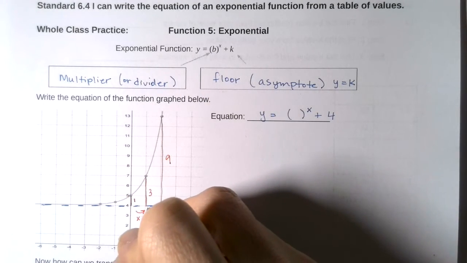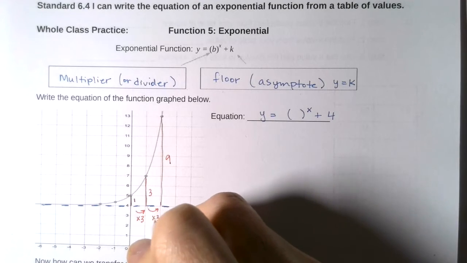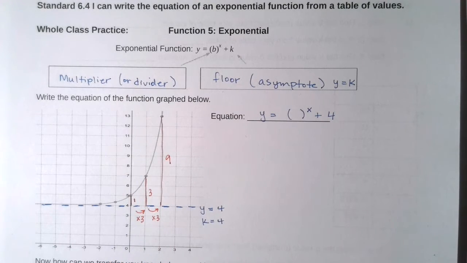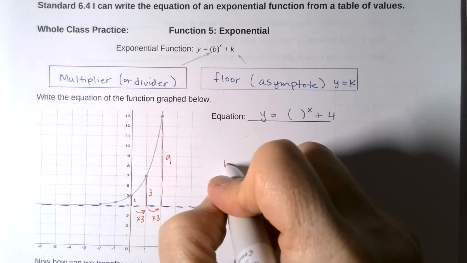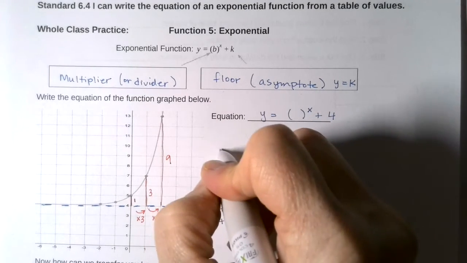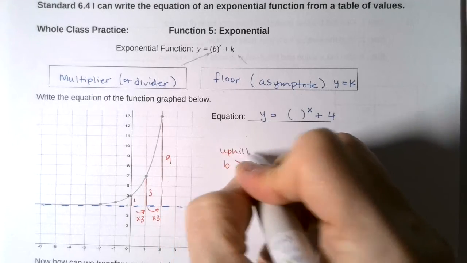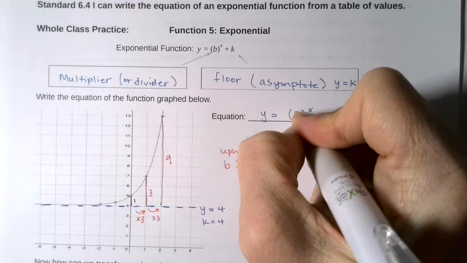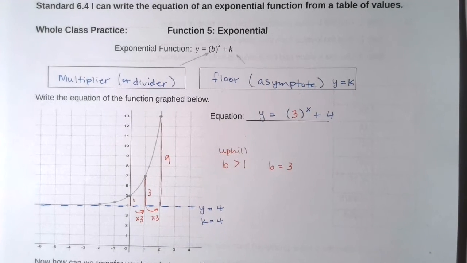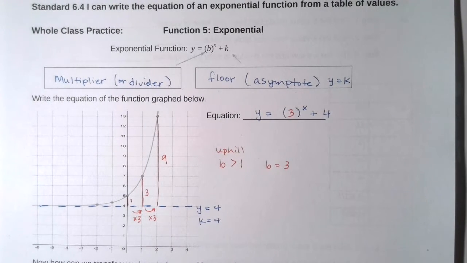And 3 times 3 gives us 9. So that multiplier works for both of those. I'm going uphill, which tells us that my b value is greater than 1. So the fact that I'm seeing my b value as 3 makes sense for that. So y equals 3 to the x plus 4.